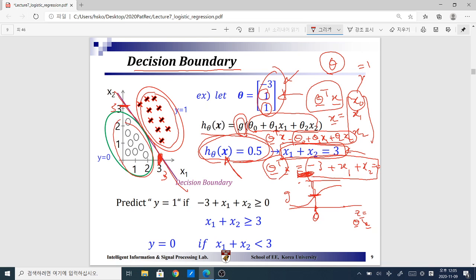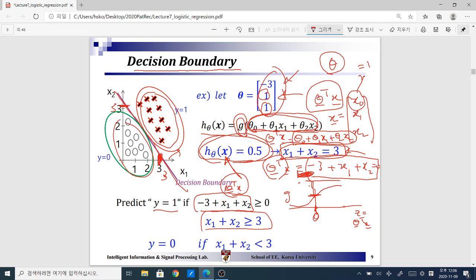So with the decision boundary using the hypothesis function equal to 0.5, what it says is that we should predict y equal to 1, the positive side, if theta transpose x, the parameter dotted with the feature, is greater than or equal to 0.